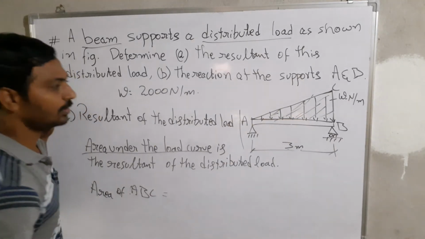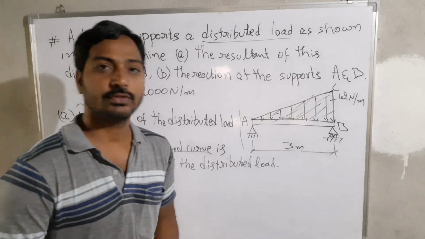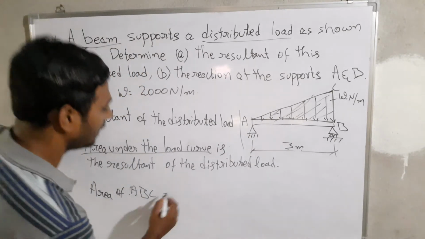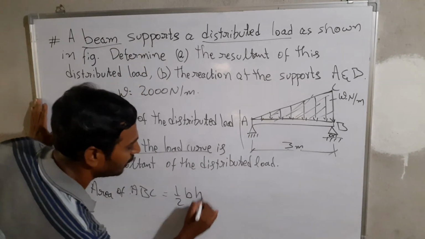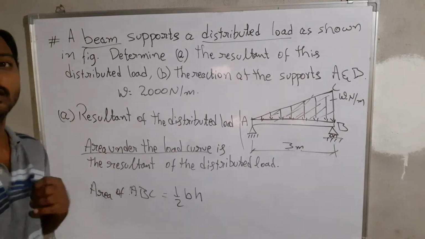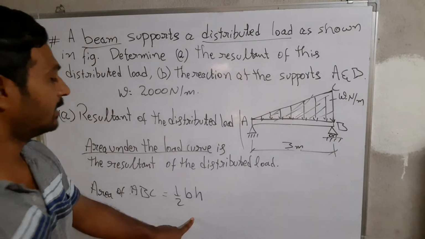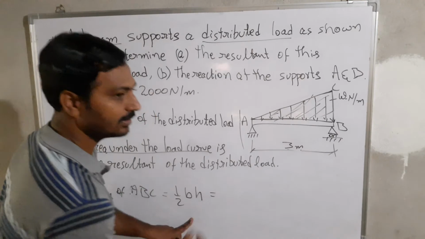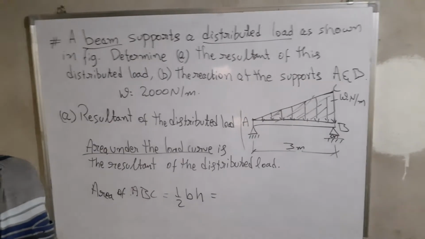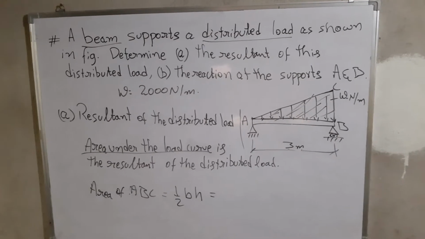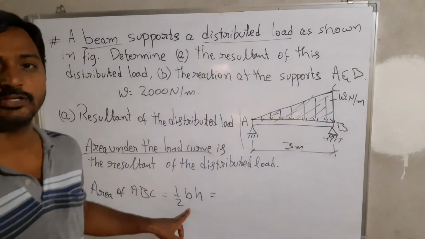So that is equal to, what is the formula we have? The area of the triangle is half base into height, in terms of the geometrical properties.